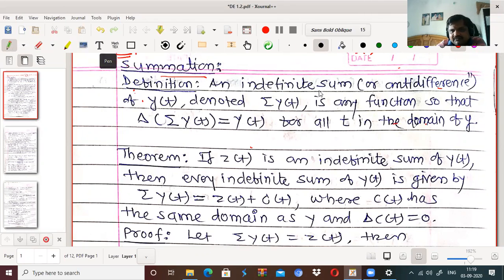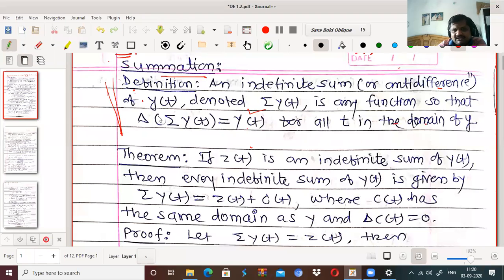An indefinite sum or antidifference of yt, denoted by summation of yt, is any function such that if I find delta of summation of yt, you must get yt, for all t in the domain of y. This is the definition of summation.